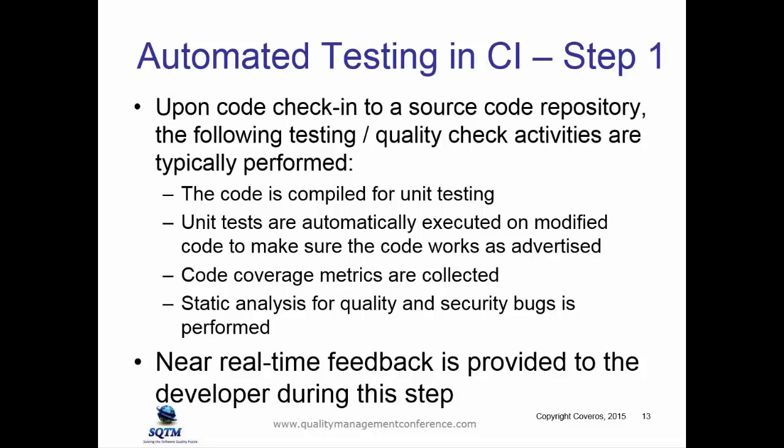In addition, at this level, it's very typical to run static code analysis, both from a quality perspective and a security perspective, to see if we can identify quality and security bugs that are resident in the code itself. There are some good tools out there for doing this as part of your builds.